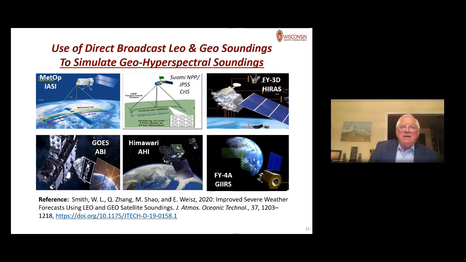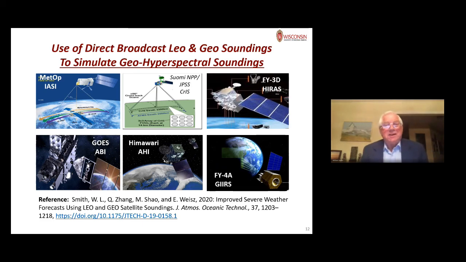So the idea was to combine data from these 2 instruments, direct broadcast data, which is real-time data gotten from the polar orbiters. And of course, we get real-time data from the geostationary imagers. The idea is to combine these 2 data together to simulate high spatial, high vertical, and high temporal resolution sounding, similar to what you would get from a geo-hyperspectral sounder.